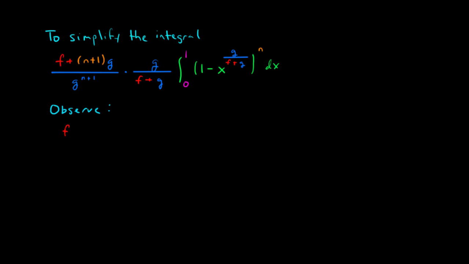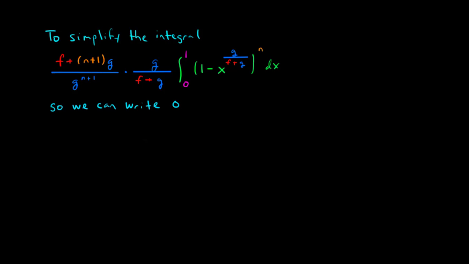And I'd just like to make a few observations here. First of all, the f plus g that we have there in that expression could be set equal to (f plus g) to the n plus 1 over (f plus g) to the n. And it'll be convenient to make that change in just a moment.